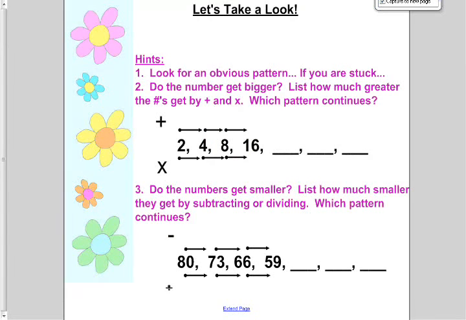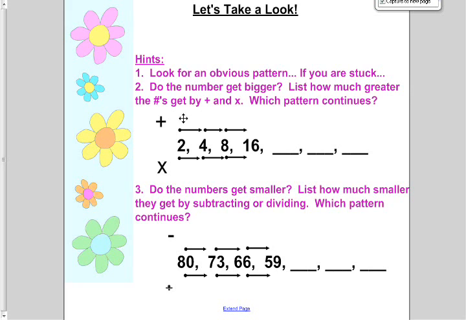All right, so just some hints for you that you probably got from the last video if you watched that as well. Look for an obvious pattern. If you're stuck, think about, do the numbers get bigger or smaller? List how much greater the numbers get by adding and multiplying so that you can try both and see what works.